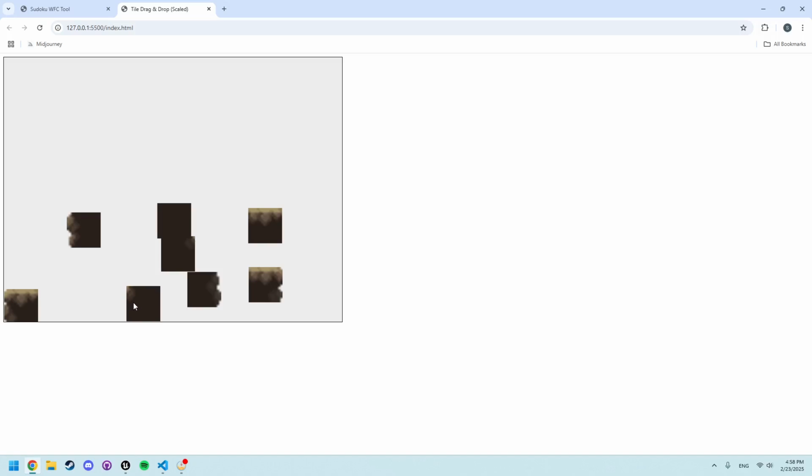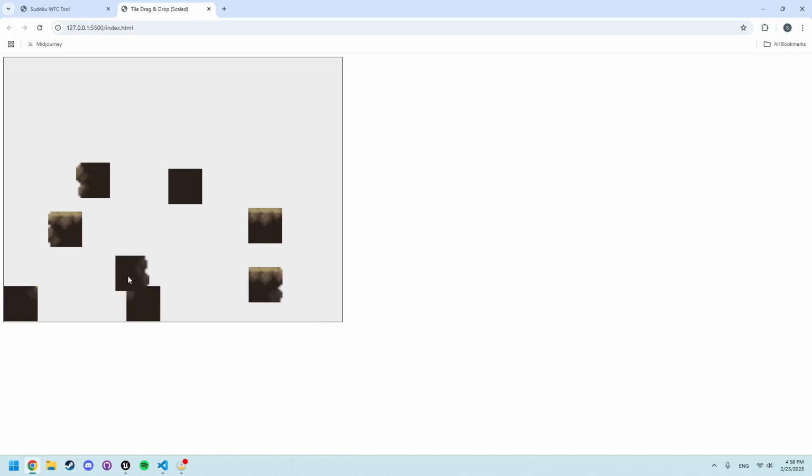A perfect example would actually be this. If we were to start with this tile and then select this tile, but then select this tile, we run into an issue where we could select that tile, and I guess that could work. That doesn't look like the worst thing ever.